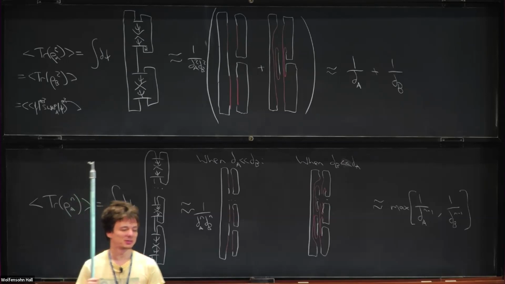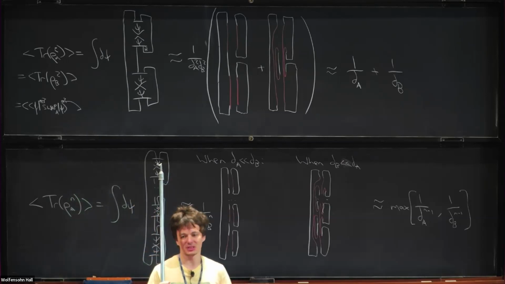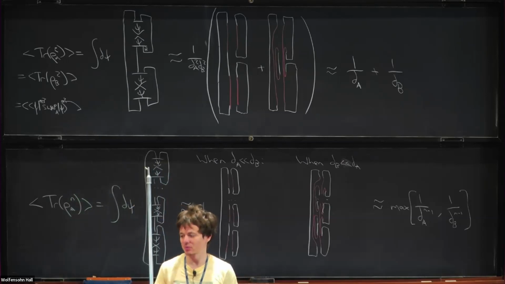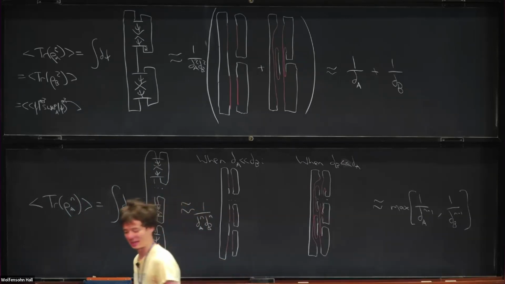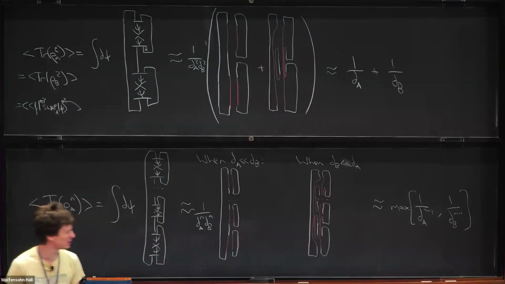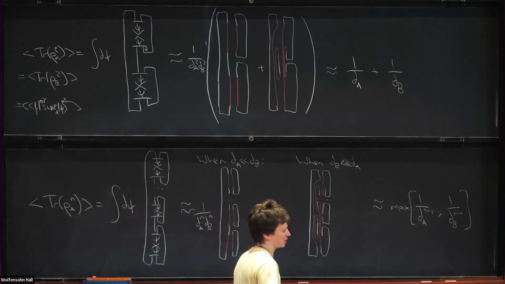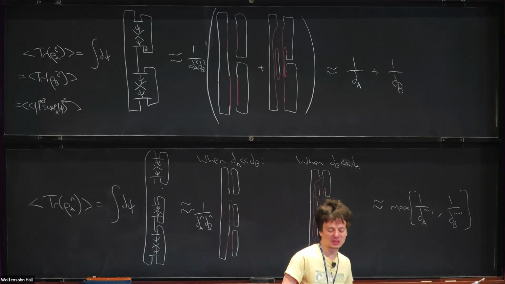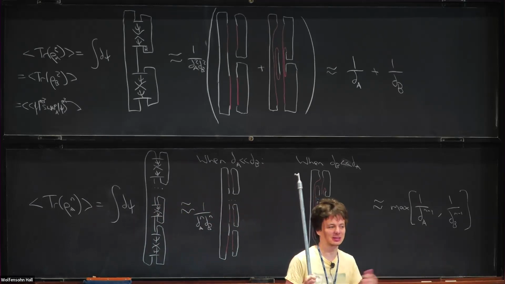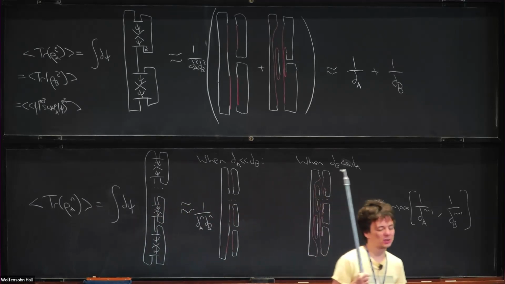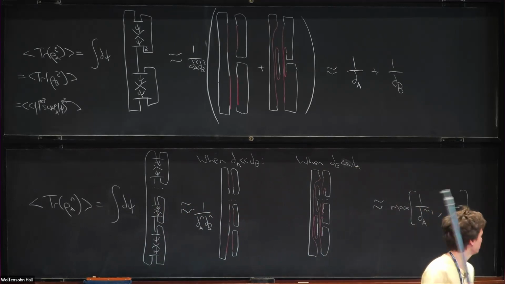Density matrices are exponentially large in the number of qubits. They have d squared dimensions, and each of them in general would need to be computed to exponential precision in order to get a good answer for the entropy. It would just be a horrible thing to do.